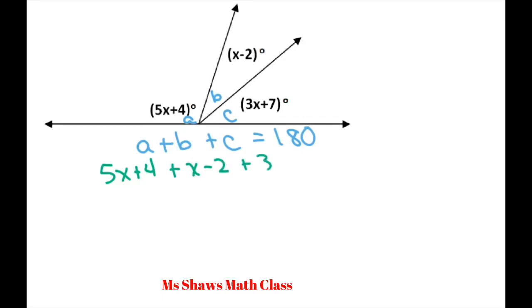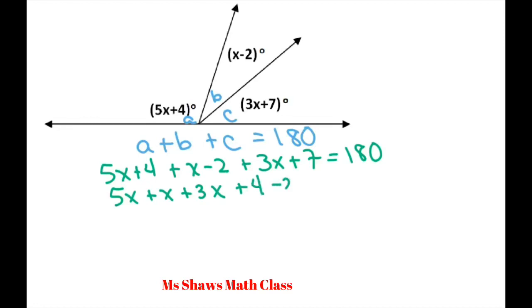And C is 3x plus 7. So let's add our like terms. I'll just group them first. Group my x's together and my constants together. Now I can add this up. These all equal 9x. And 4 minus 2 is 2, plus 7 is 9.